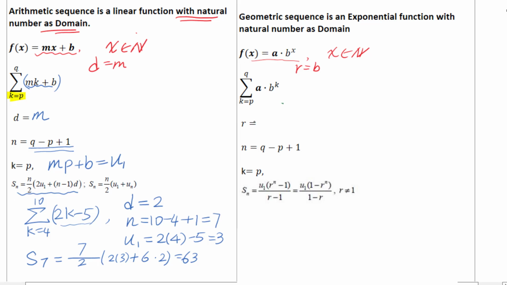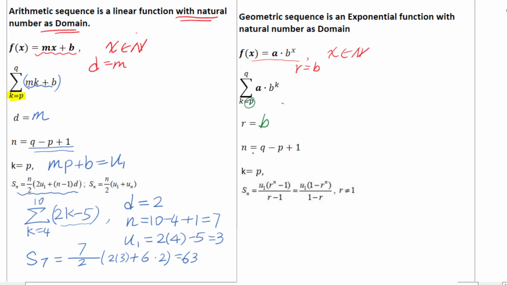For geometric sequence, sum of a times b to the k's power as k goes from p to q. p is the starting ordinal number. The common ratio will be the base b.